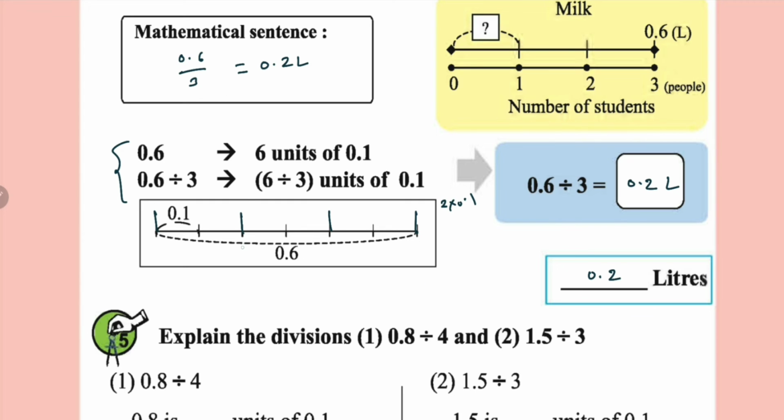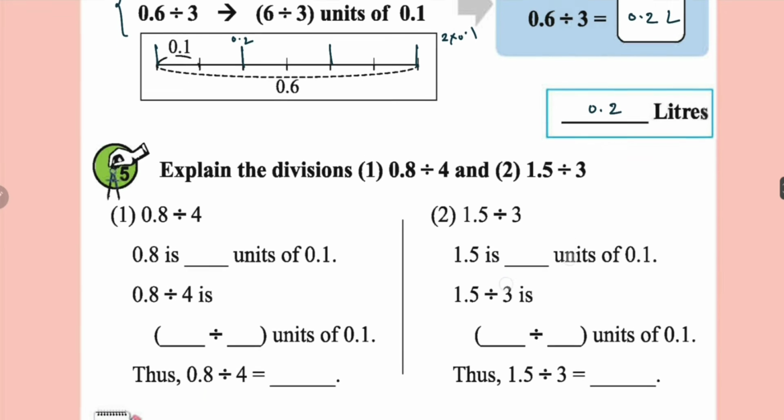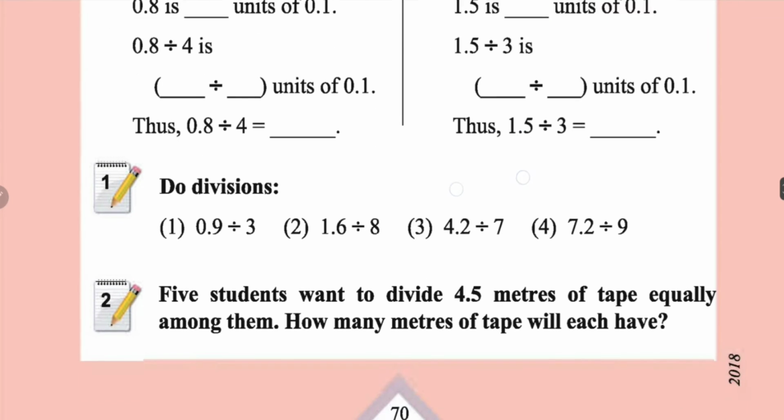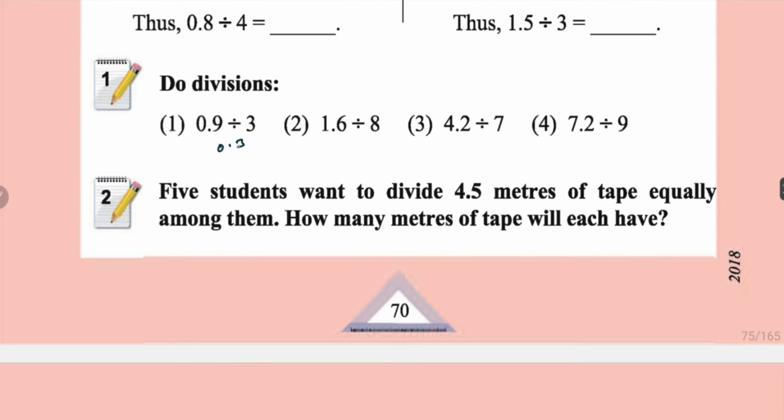So this is 0.2. 0.6 by 3. 0.8 by 4. How much? 0.2. This is 0.5. This is 0.3, 0.2, 0.6, 0.8.